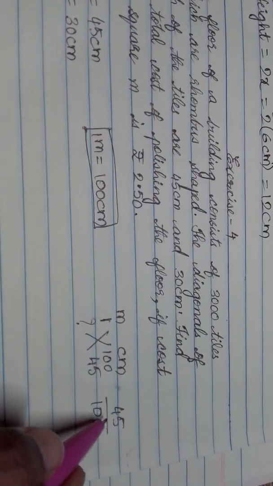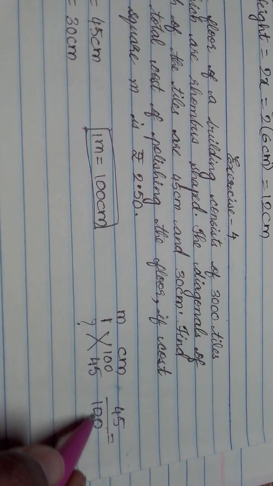Now let us find out the value. For 1 meter it is 100 centimeters. For 45 centimeters, how much? Cross multiplication we have to do. That is 45 divided by 100. So this is nothing but 2 zeros are there, so after 2 digits you have to keep a point. So it is 0.45.